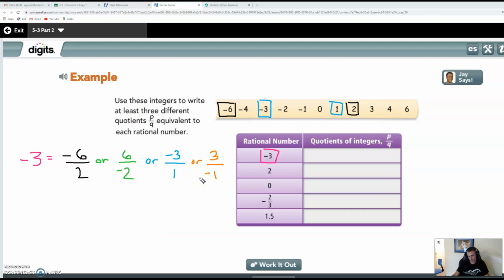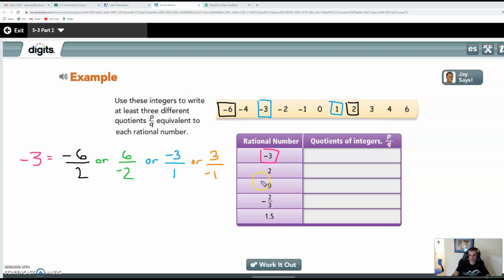In fact, there's an infinite number of ways, right? I could do negative 9 divided by 3, negative 12 divided by 4, negative 15 divided by 5, and I could just keep doing that all the way to infinity, which goes on forever and ever.